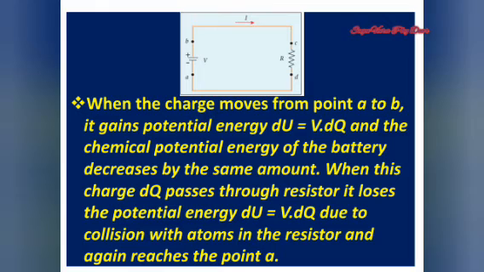When this charge dq passes through the resistor, it loses the potential energy dU equal to V dot dq due to collisions with atoms in the resistor, and again reaches point A.